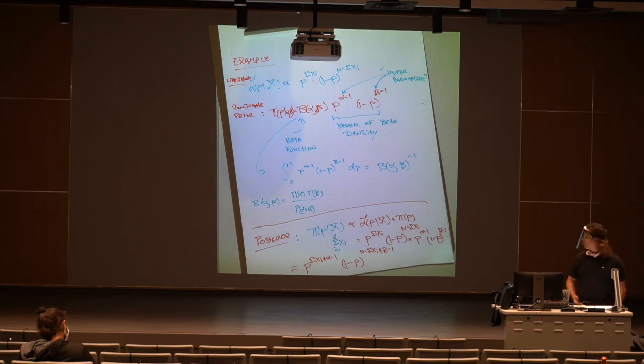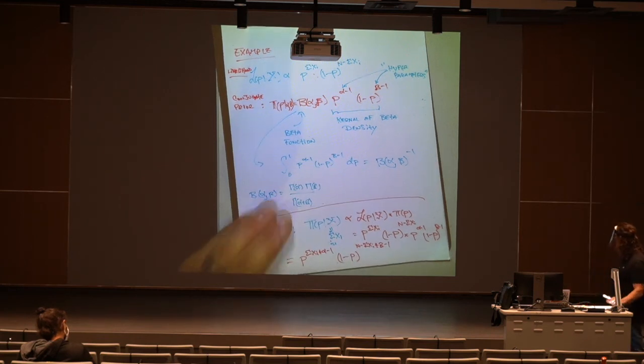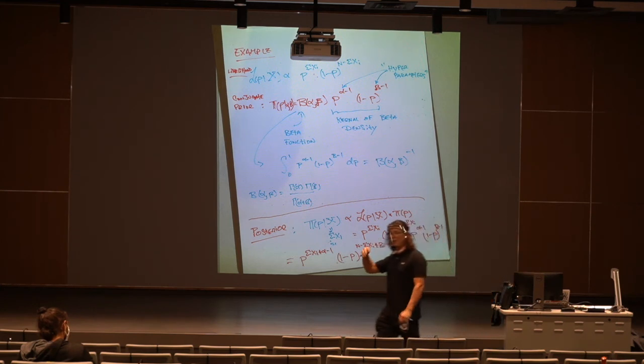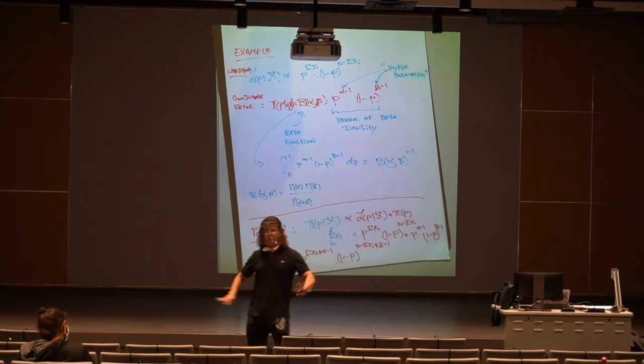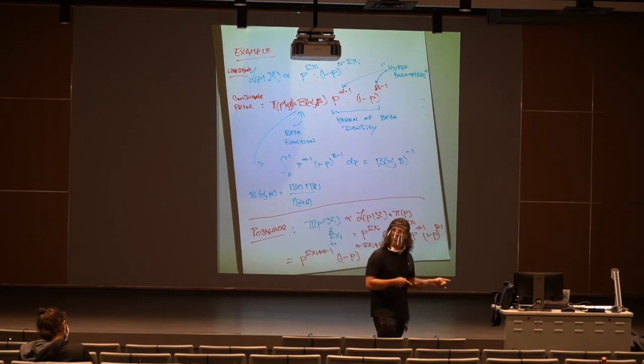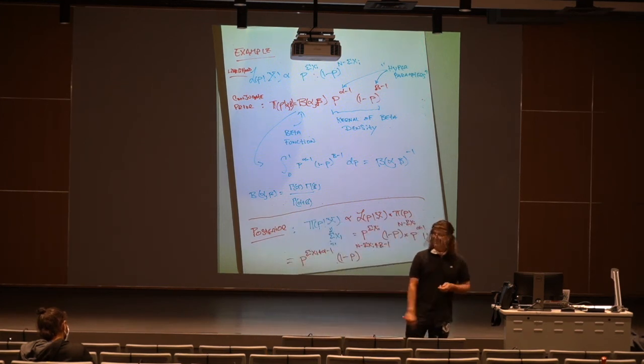So that's the thing you're thinking about up front when you pick the conjugate prior: you're thinking about a prior that comes out in the same form. What does this look like? It looks like p to some exponent times 1 minus p to some exponent. I know what distribution that is. p lives between 0 and 1 still. Never change that. That's a beta distribution. That's a beta density.